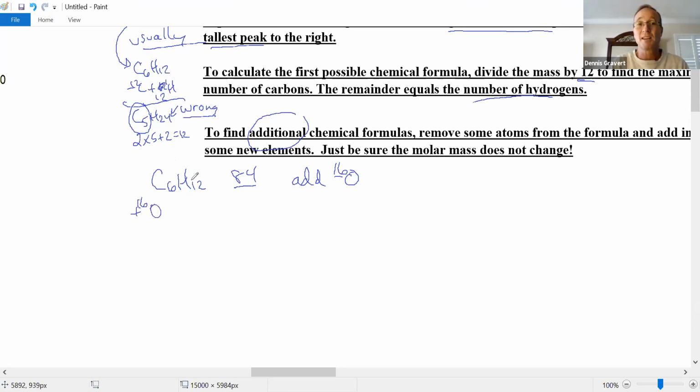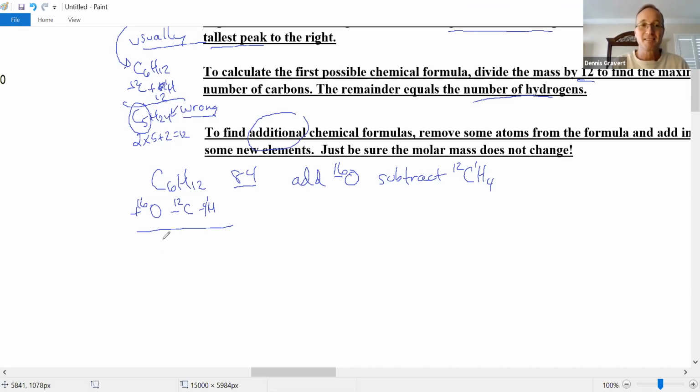That means I have to take away enough atoms that add up to 16. Well, let's start with a carbon, because that's 12 mass units. How many hydrogens will add up to 16? 4 of them. So, right, 4 hydrogens weigh 4 mass units. Carbon 12 weighs 12. 12 and 4 is 16.